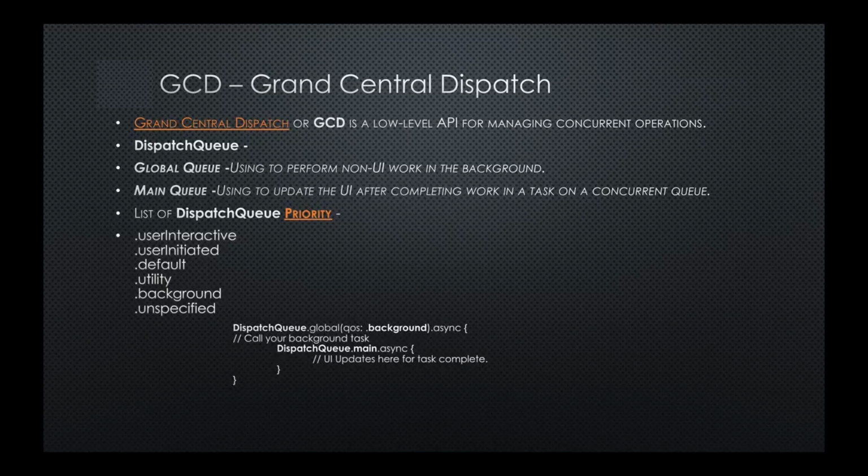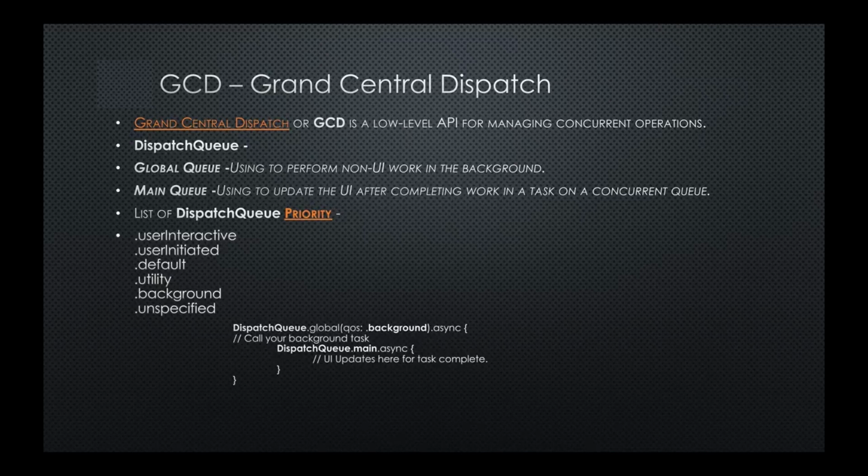So if you want to do some tasks, here we have an example. DispatchQueue.global. As I said, global queue is the one you will use if you want to perform any background task. Then QoS is the quality of service, where you can tell which type of priority you want.